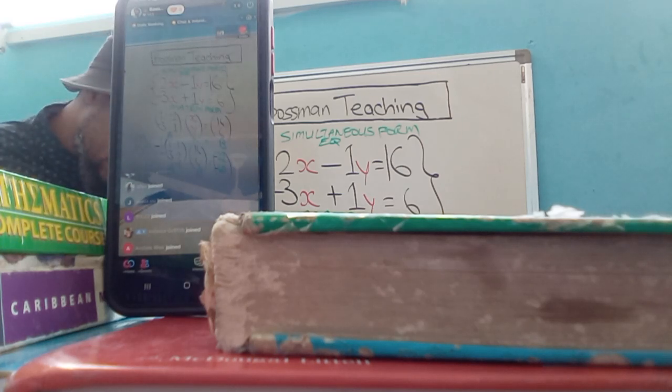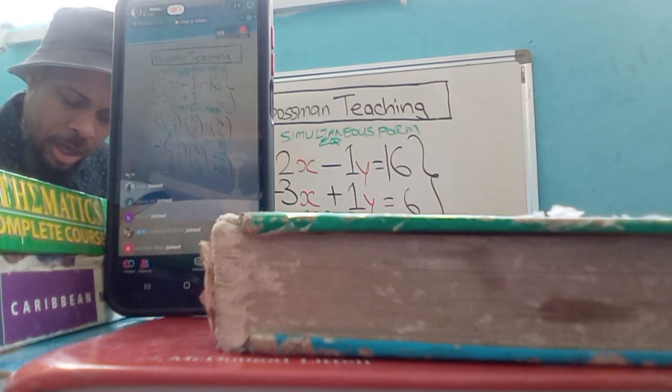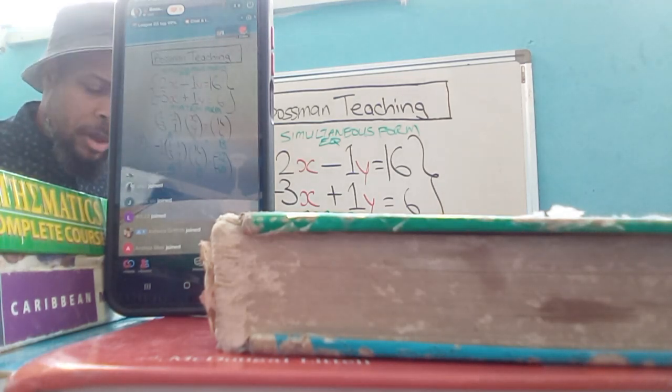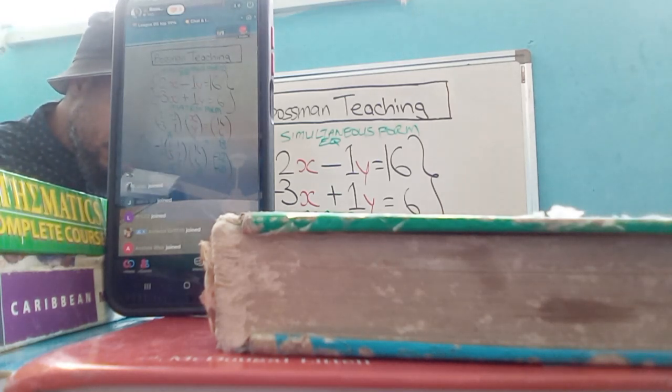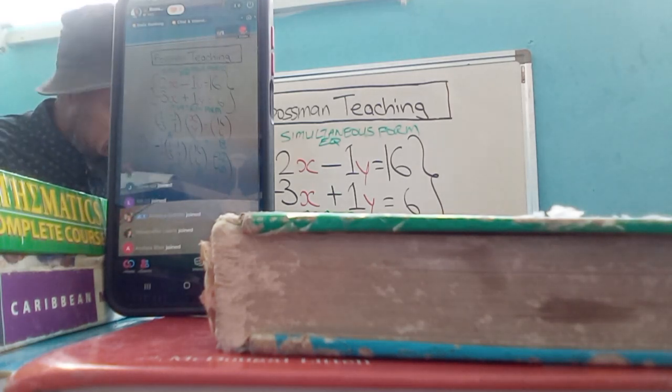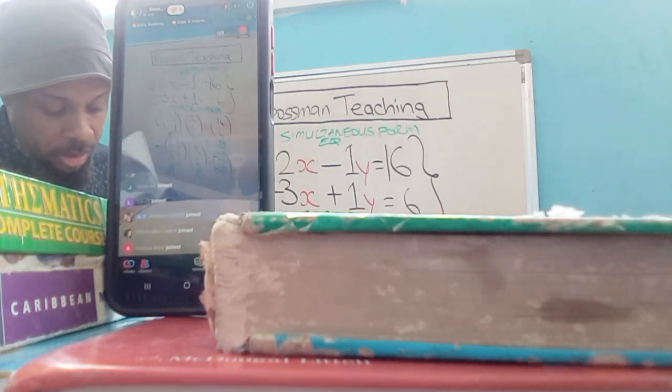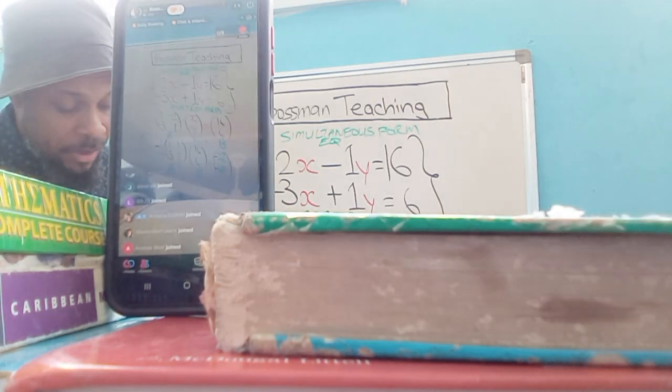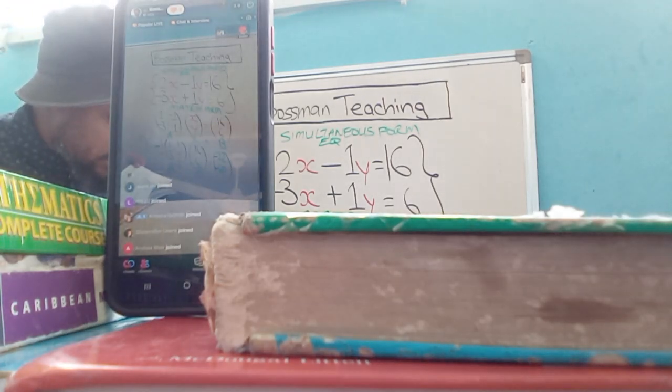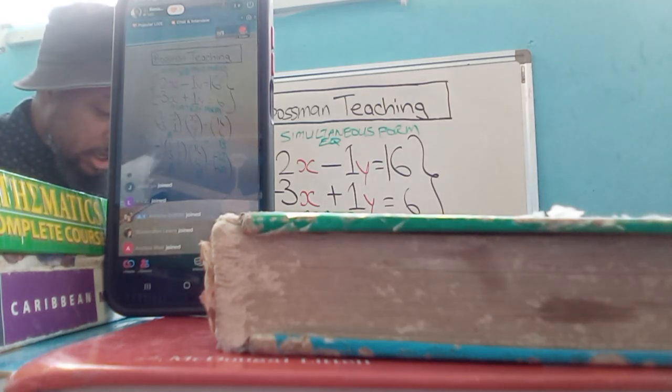Oh, that's simplifying. Okay. And then see, we come right back to some more simultaneous equations again. So we can solve them two ways. We can solve them the way that I normally do it, as well as the other way. And then there's another set that's a little bit more difficult.